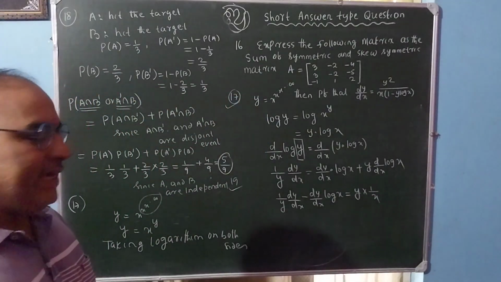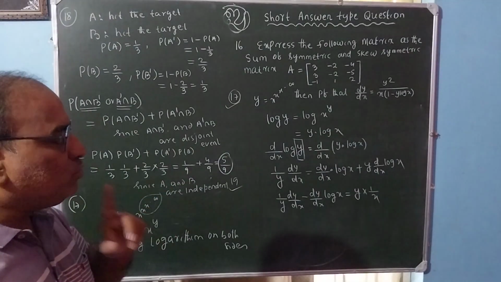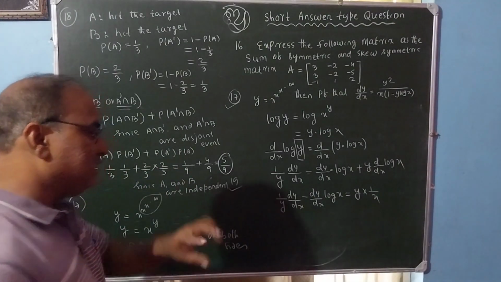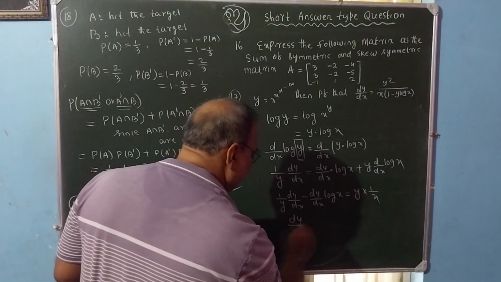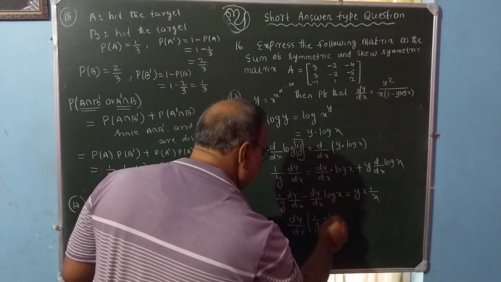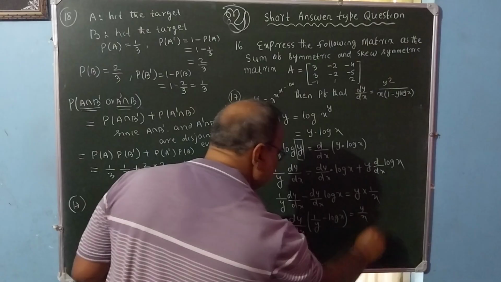The term which contains dy/dx will be kept on one side, and the term which does not contain any derivative will be kept on the other side, because this is the criterion for an implicit function. So dy/dx taking common, (1 by y minus log x) is equal to y by x.